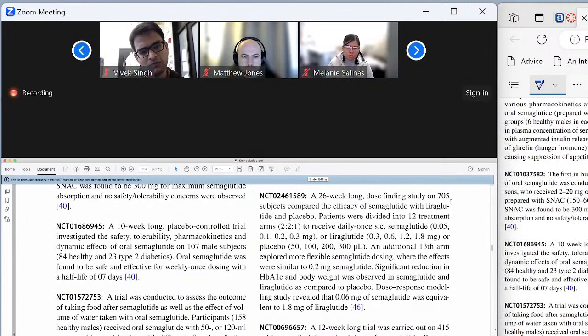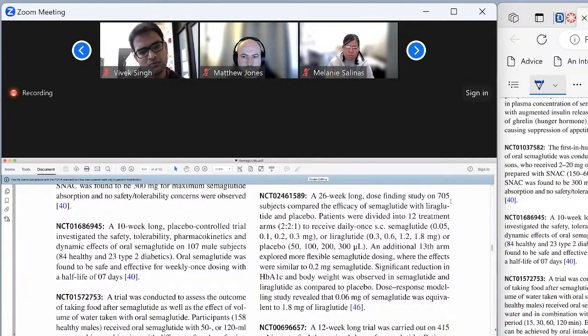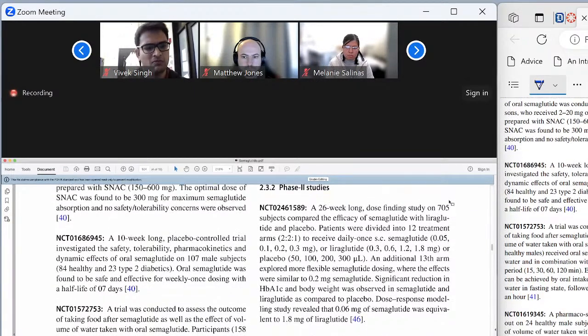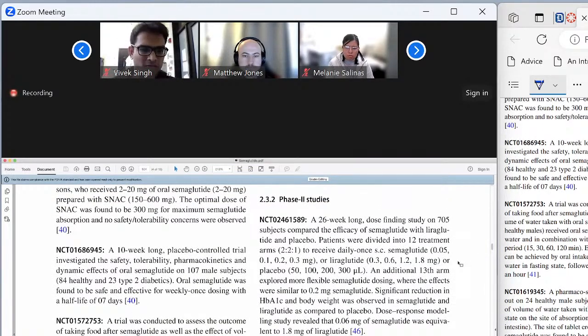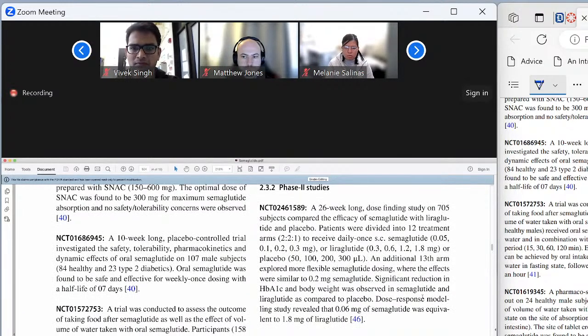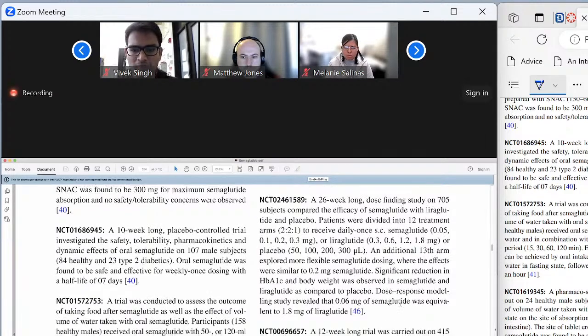Here, the 700 subjects seems small. That seems pretty sizable to me. But considering they're looking at all the different doses, you need to have a fairly large number of participants in a phase 2 study.